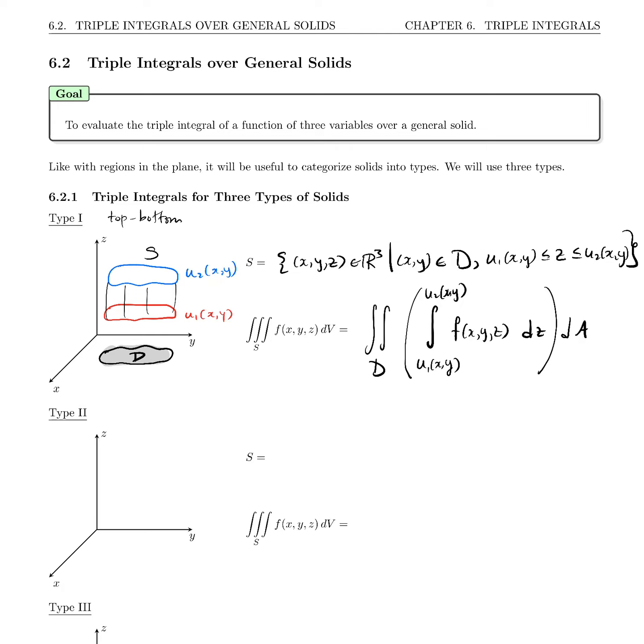And just as a little remark, that double integral can be done two ways, right? D can be set up as a type 1 or a type 2 region. And if D can be a type 1 or type 2 region, then this integral with a type 1 solid can be done two ways.